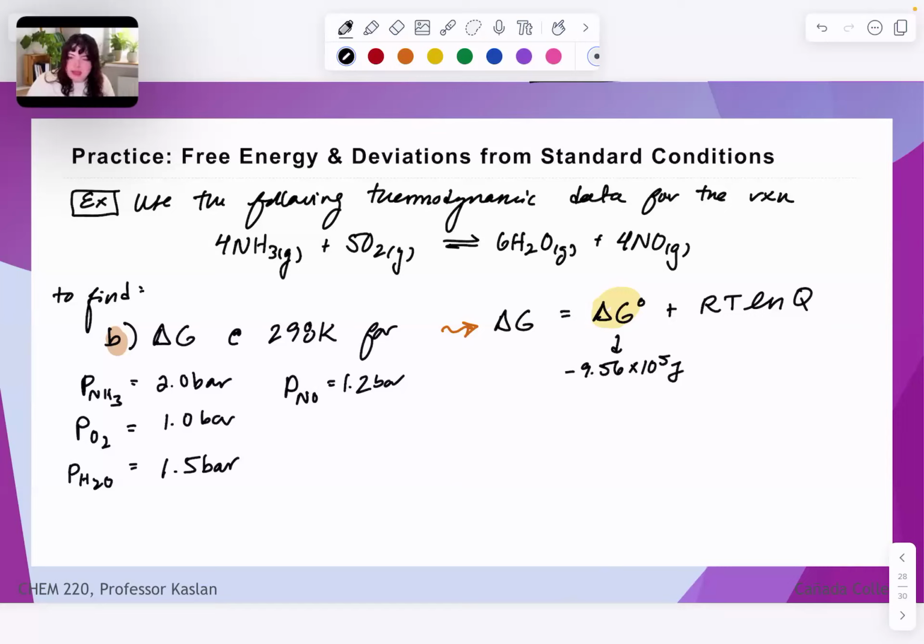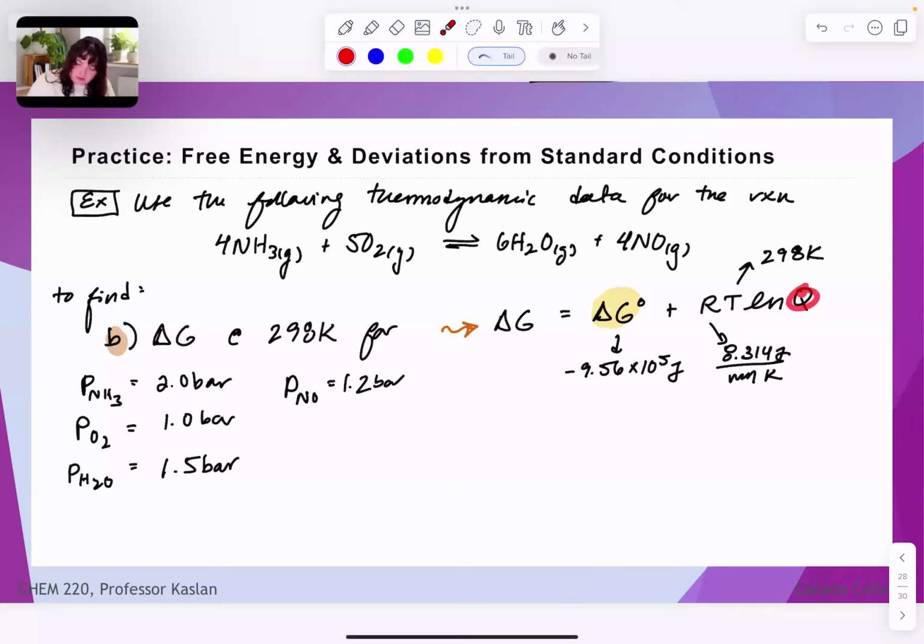And that is an implied joules per mole, per 1 mole. R is 8.314 joules per mole Kelvin. T, we were told, is 298 Kelvin, which means that we have everything we need except the reaction quotient.